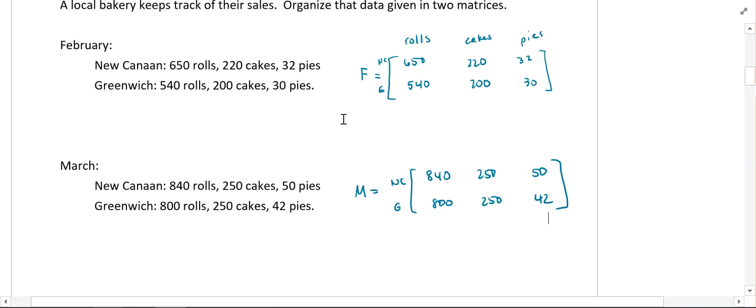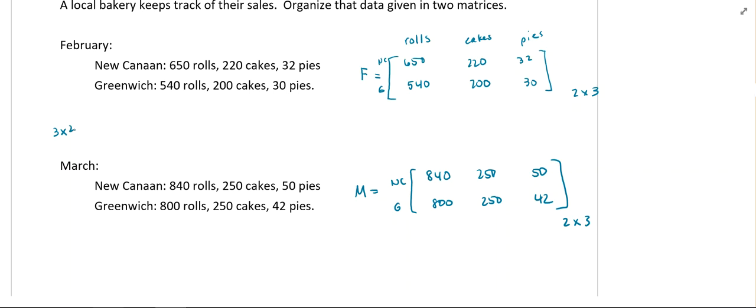Okay. So now I did set these both up as 2 by 3 matrices. There was nothing stopping me when I set this up from making them 3 by 2, because there's no information in the question saying you must have a matrix that's 2 by 3.